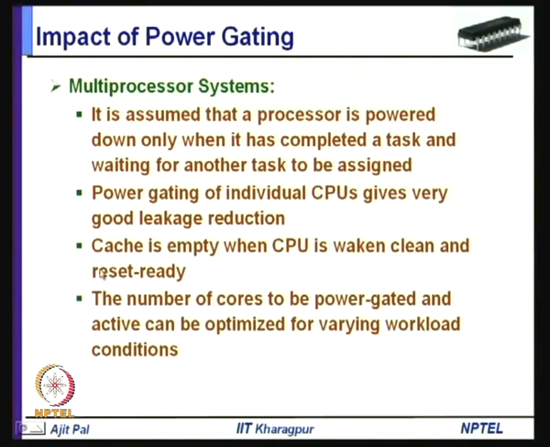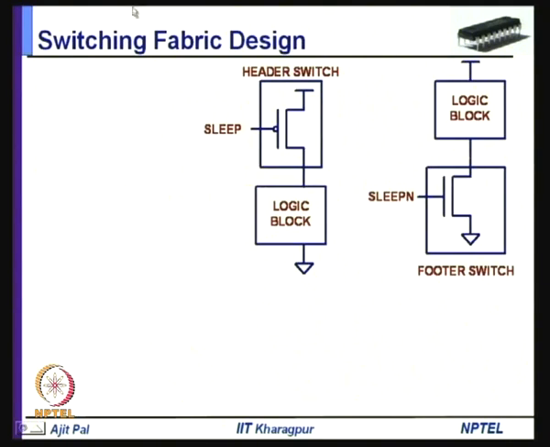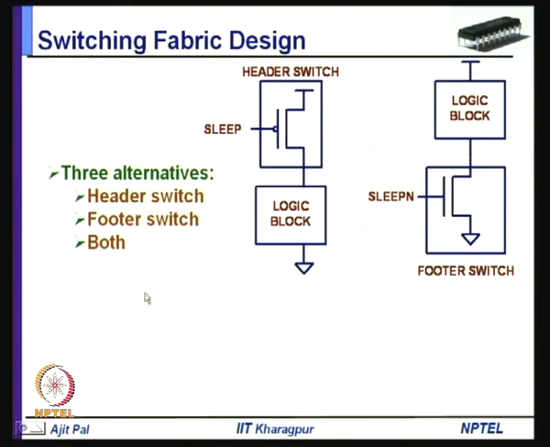So, these are the 3 scenarios I have discussed, and I have mentioned their impact on power gating. Now, coming to switching fabric design, you have 3 alternatives. You can have a header switch, as shown here. That means you will have a PMOS sleep transistor, or you can have a footer switch, which is an NMOS transistor.